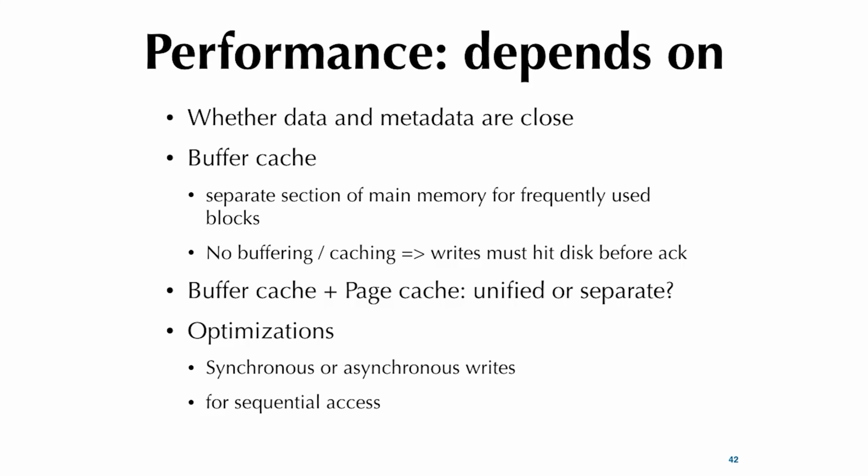So there's the concept of what's called buffer cache and page cache, right? Page cache we've seen in virtual memory. Buffer cache is really more for these disks or for the file system. Buffer cache is done very often as part of main memory or kernel memory, and it's really just for prefetching or most recently accessed blocks.